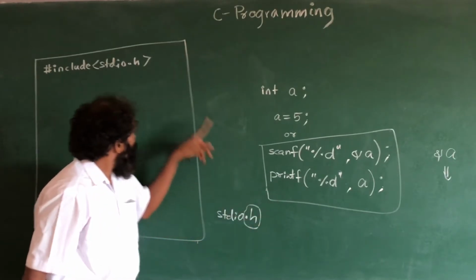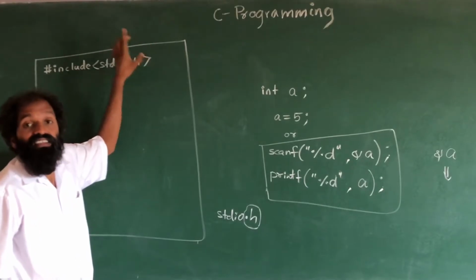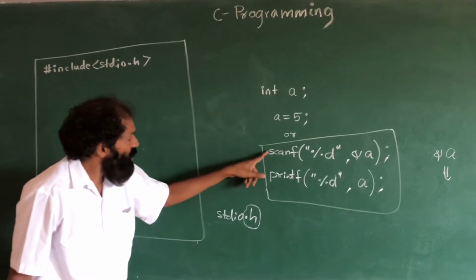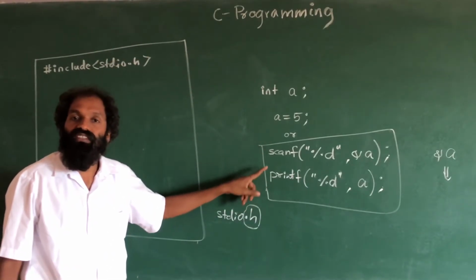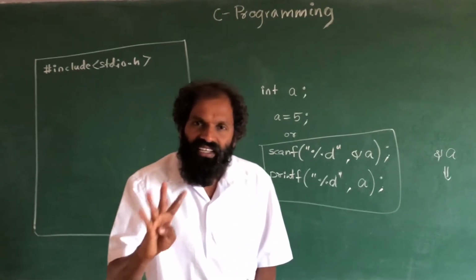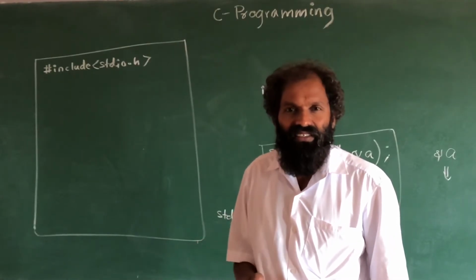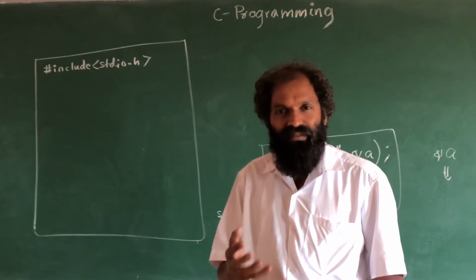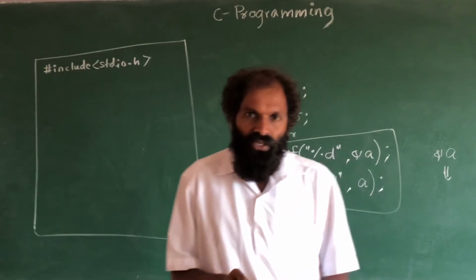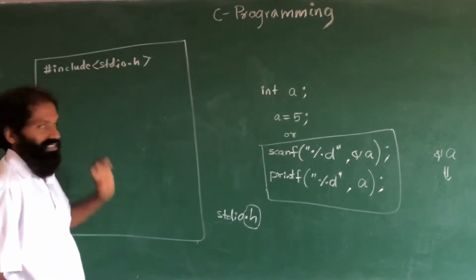If you write this header file line, then only can you use these two inside the program. It is like an ID card: only if you have it can you enter the college or company. That is like permission. So to use these two in the program, this is a must.